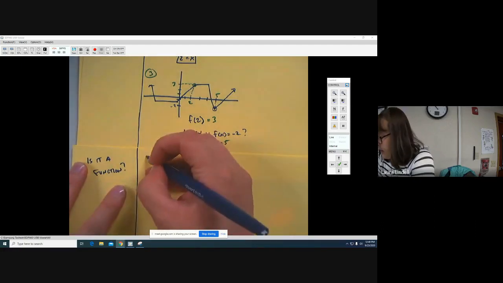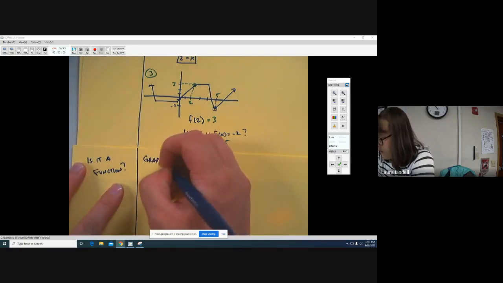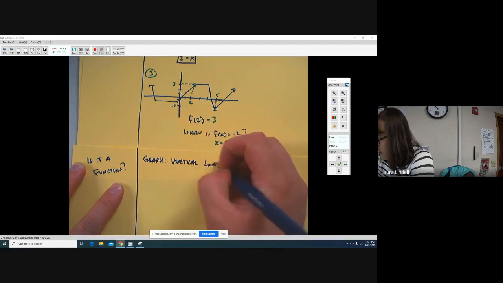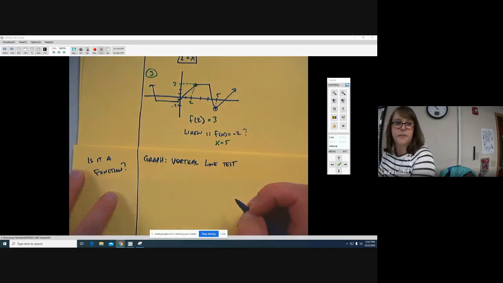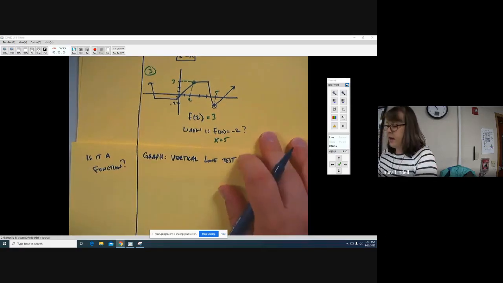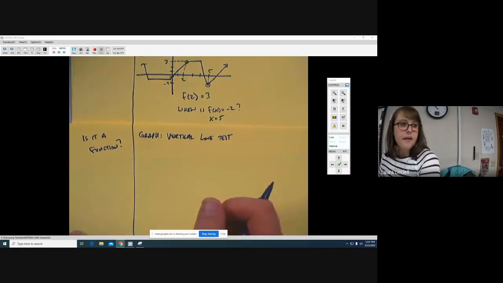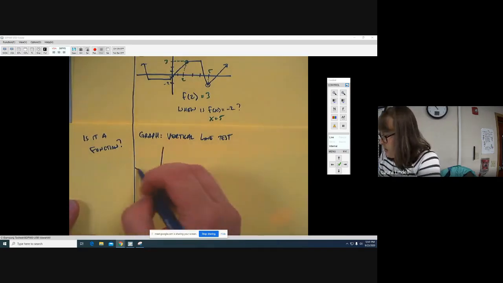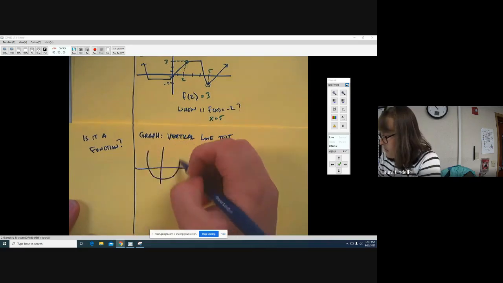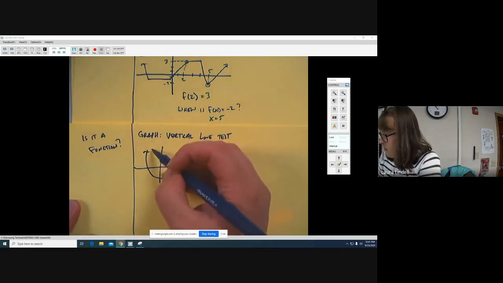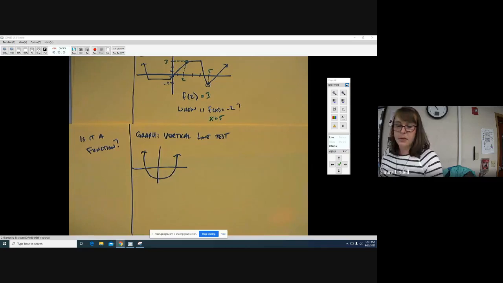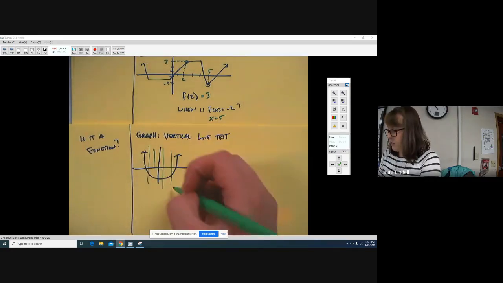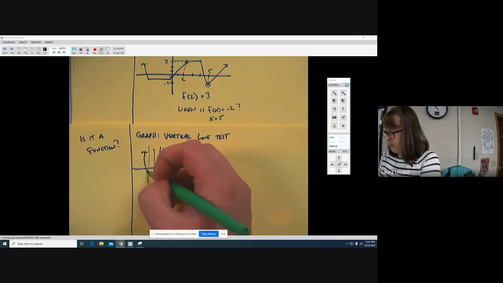So one test we have for graphs is the vertical line test. Okay, so if you're deciding if something is a function or not, graph it. So we might see something like this, like a parabola or something like that, where if I draw a vertical line anywhere on here, it's only going to run into my graph one time.